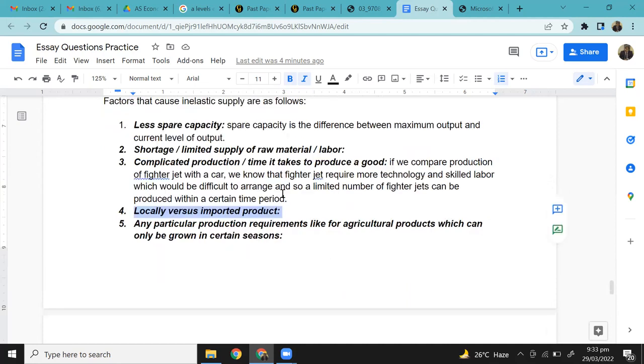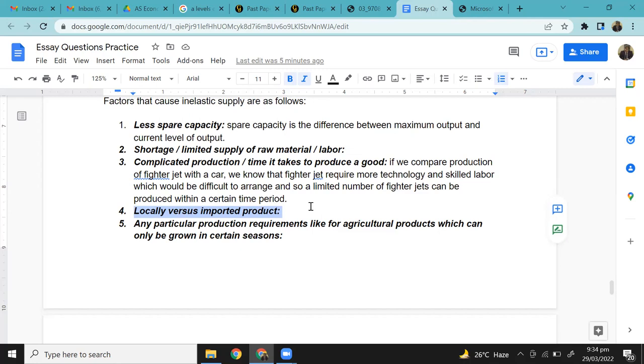Now for agricultural goods, this is a good example. You might know that there is a special type of farming, I'm forgetting the name, where you provide a controlled environment to your crop, and with special weather conditions and special temperature and moisture, you get to produce off-season vegetables and fruits which are otherwise not grown in those seasons, because you have controlled everything, right? So if they're grown in summers, you can provide that much temperature and all that.